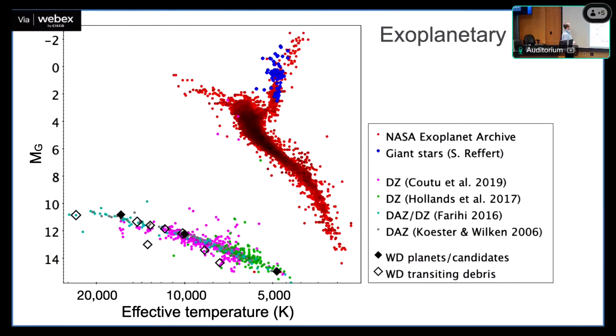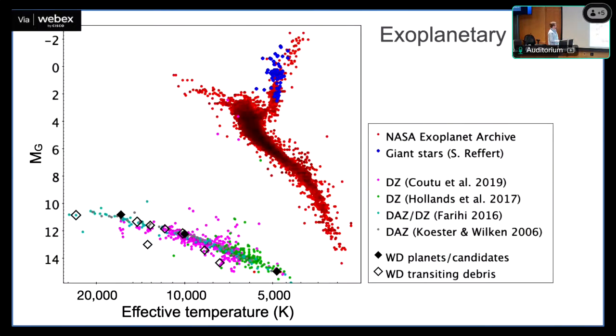This is every exoplanet host from the NASA Exoplanet Archive, so the host star of every exoplanet, including a few giant stars. Down here, this is every metal-polluted white dwarf, which now number about 2,000. Also indicating a few known white dwarf planets, candidates, and transiting debris.